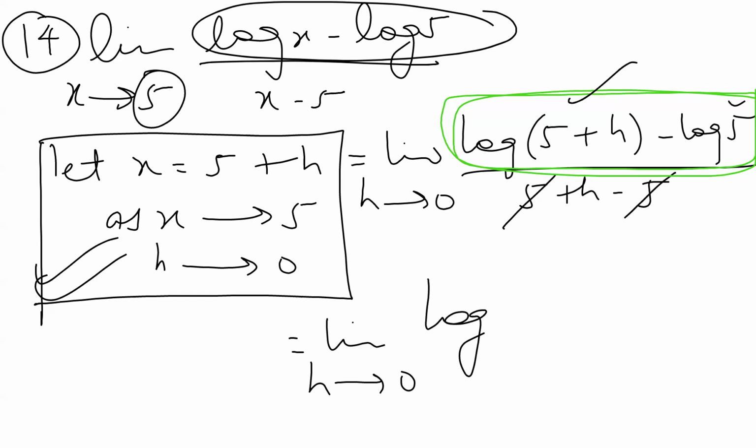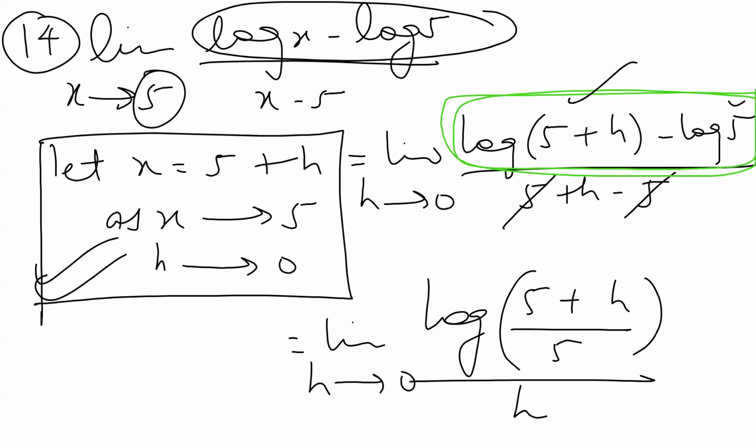Log a minus log b is log a upon b. So then you split the denominator. Wait. Let everyone understand. I'll go very slow. This is a very tricky situation. Log a minus log b is log a upon b.